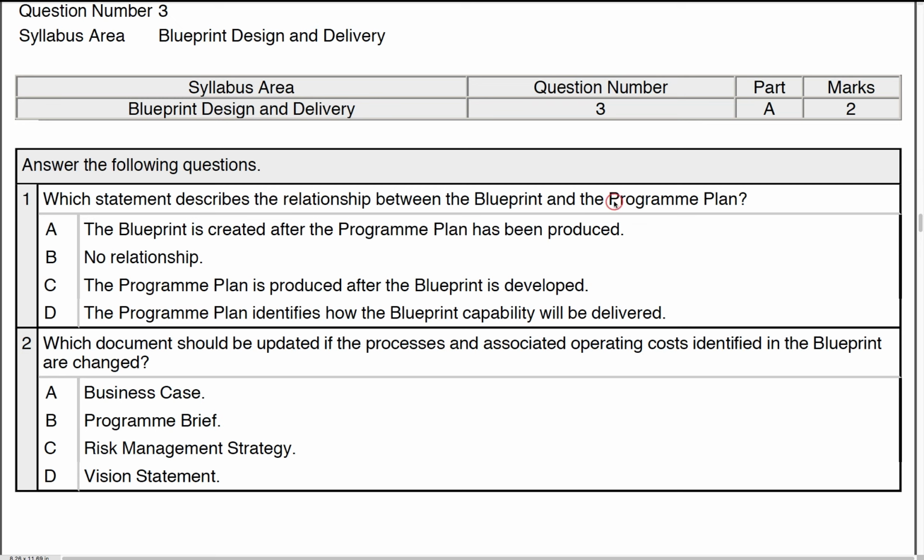Now remember, the whole blueprint is how we're going to develop the solution to arrive at the vision that the program is out to deliver. And the program plan looks at how we're going to go and deliver that blueprint, right?